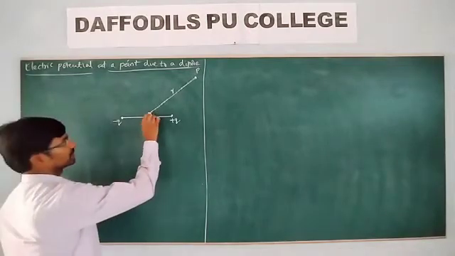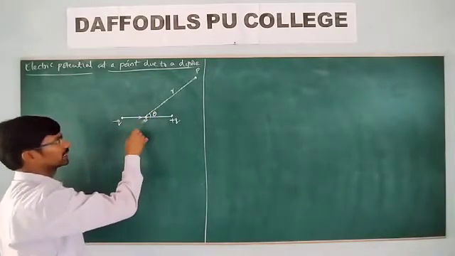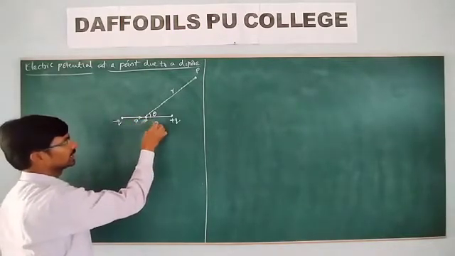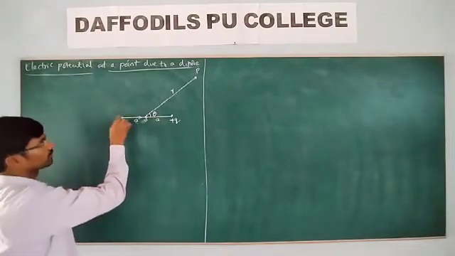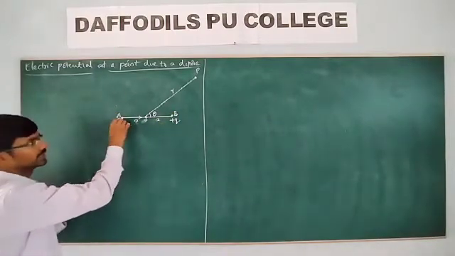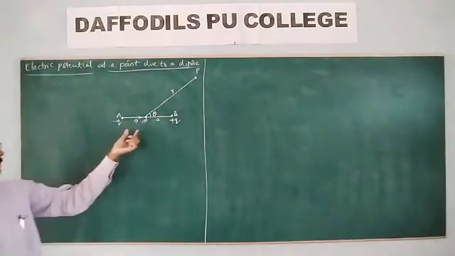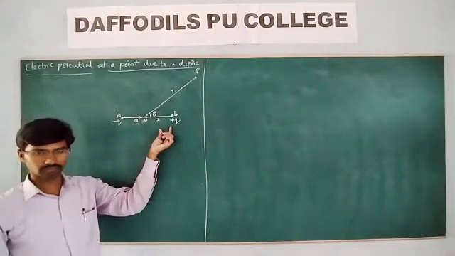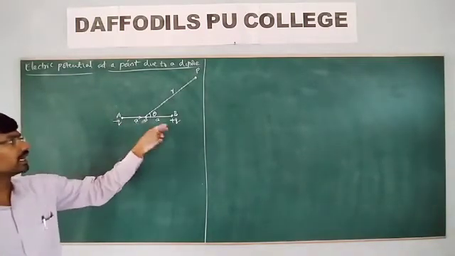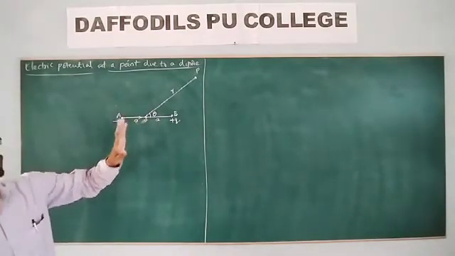Now, if OP is making an angle theta with the dipole moment p cap, and remember this is a and this is also a, because the length of the dipole is 2a. AB is an electric dipole having length 2a, with a negative charge at A and a positive charge at B, and OP makes an angle theta with the dipole.